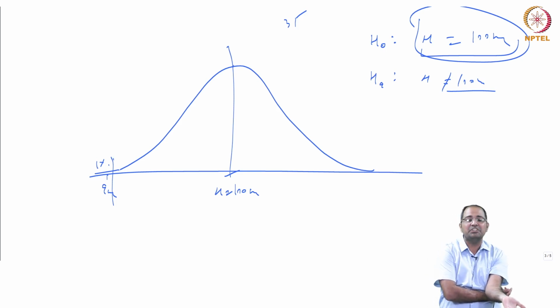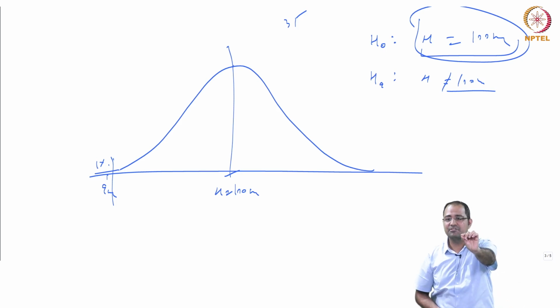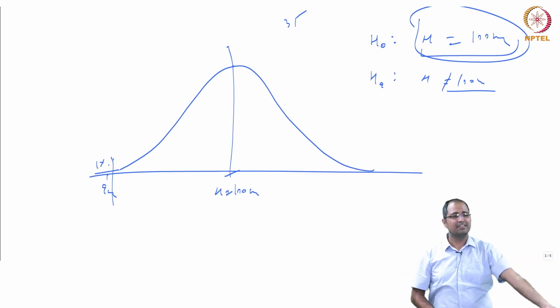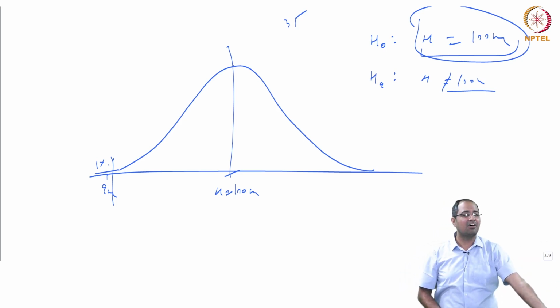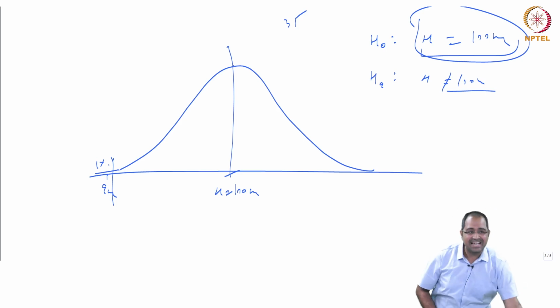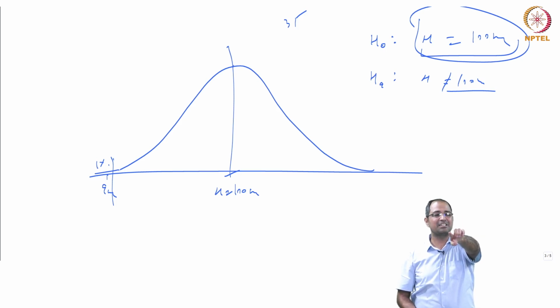So if you assume that the null hypothesis is correct, which is that the population mean is 100 meters, it is very unlikely that any sample would have a mean height of 9 meters. If it is very unlikely, what is your assumption? That the population mean is 100 meter, which is wrong.